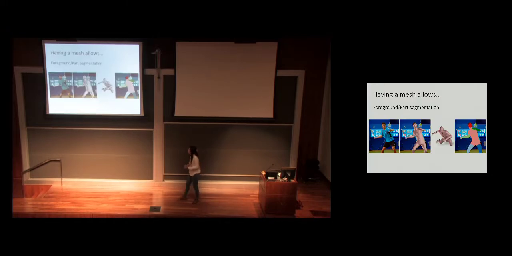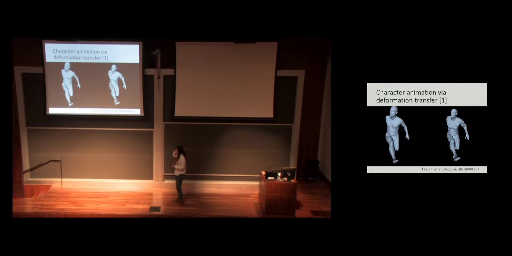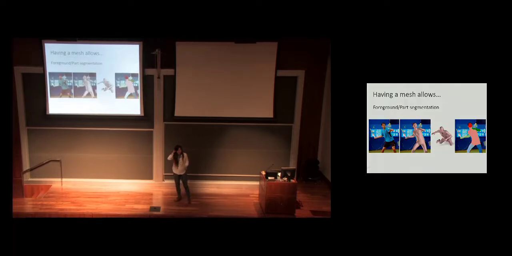But the nice thing about having a mesh is that you can do a lot of things like foreground and part segmentation. And because the mesh is parameterized, once you fit the mesh model to an image, you have a dense correspondence between one person and a different person. This is also very useful, and it's another advantage over voxel kind of methods, because if you do voxels, you don't get correspondence.